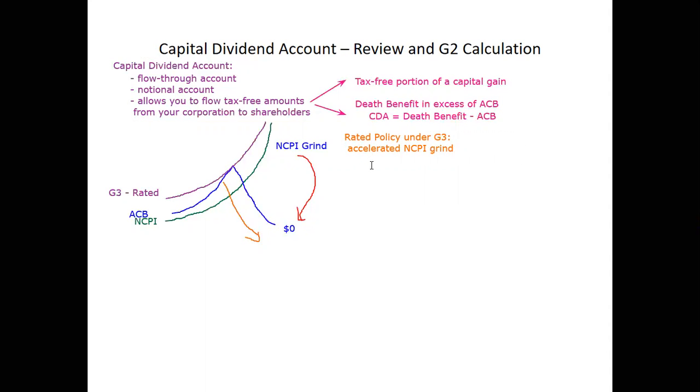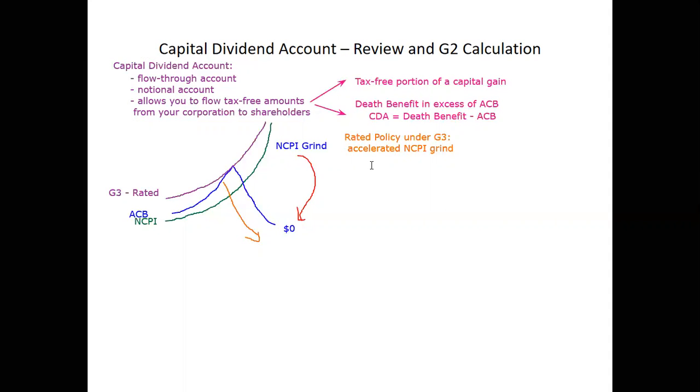Okay, and I don't know how much you care about that. I've seen a couple of arguments for actually finding a way to dispense with grandfathering from G2 to G3. So to trigger some sort of underwriting and deliberately get a policy moved into the G3 regime, maybe where you have an older smoker, for example, who has made a serious investment into their life insurance policy.